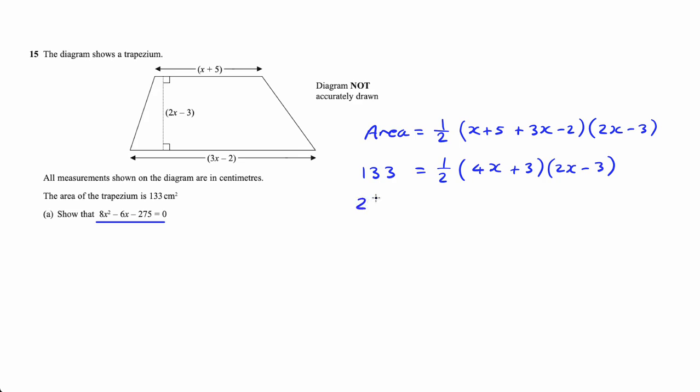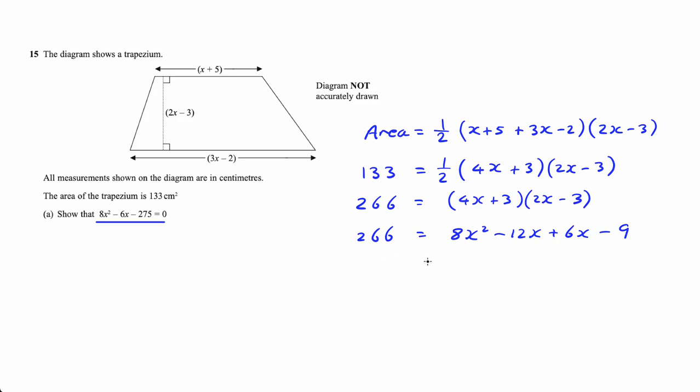So this gives me 266 equals 4x plus 3 times 2x minus 3. I'm then going to multiply this out, guys. 4x times 2x is 8x squared. 4x times minus 3 is minus 12x. 3 times 2x is plus 6x. 3 times minus 3 is minus 9.